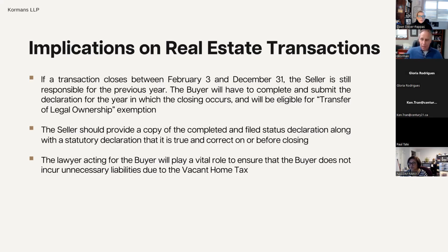The problem we have is a seller doesn't have to really provide that right now, unless there's something in their agreement of purchase and sale that says they agreed to provide that on closing. So we think that this will evolve into probably an amendment to the standard agreement form. But in the meantime, we should probably be putting something in our agreements of purchase and sale to say the buyer is going to do this.